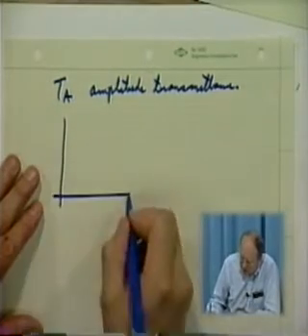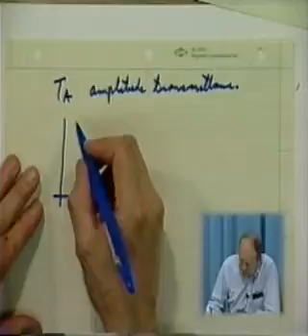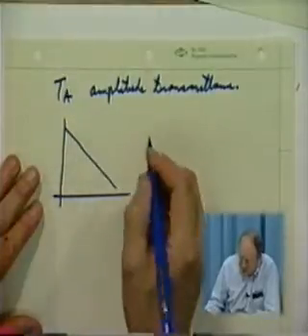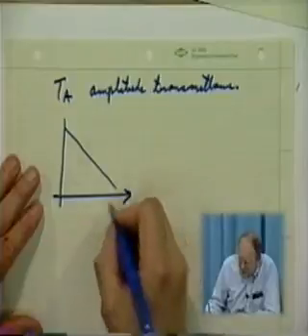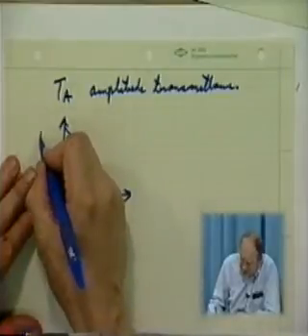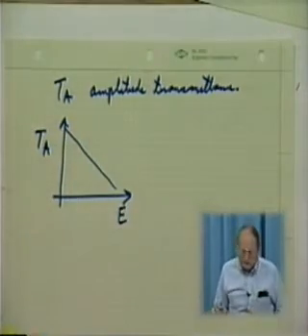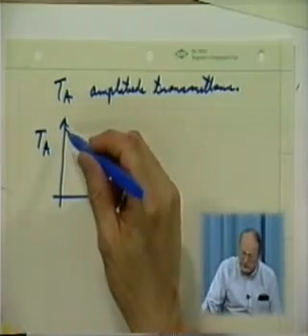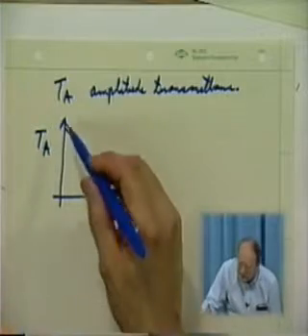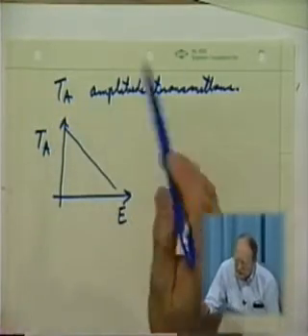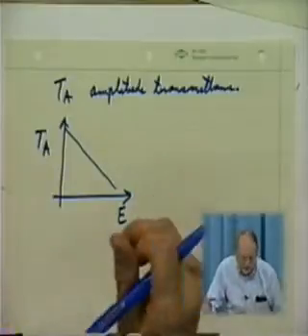And so the curve that we really want to plot here is the amplitude transmittance as a function of exposure, the TE curve. Okay, and that's not going to be as nicely linear as I've drawn here, but anyway, that's a better way of characterizing the material than the classical d log E curve.